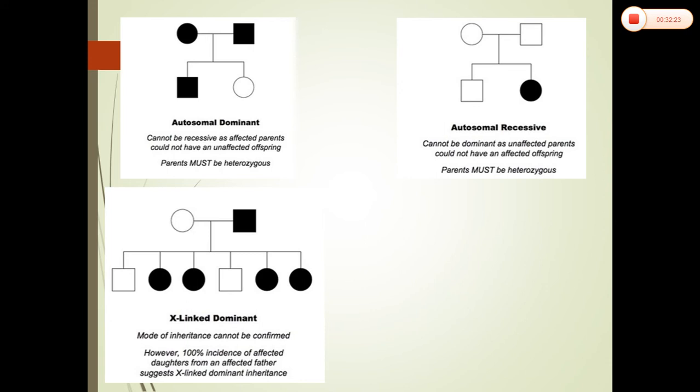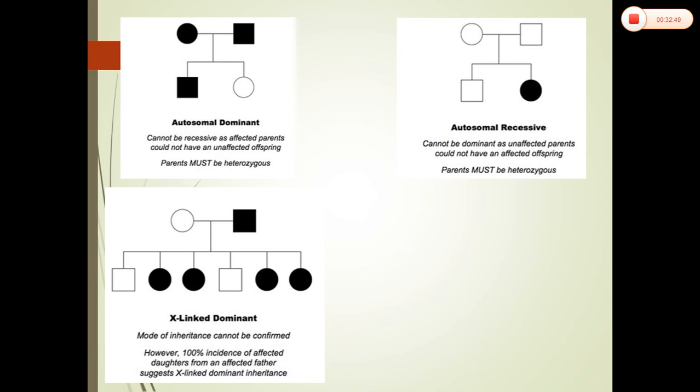So this is an example of X-linked dominant. It cannot be X-linked recessive, because if it were, the daughter would receive one recessive allele from the father, but from the mother she would receive a normal allele, and then that allele would not be expressed. So this is an example of X-linked dominant.